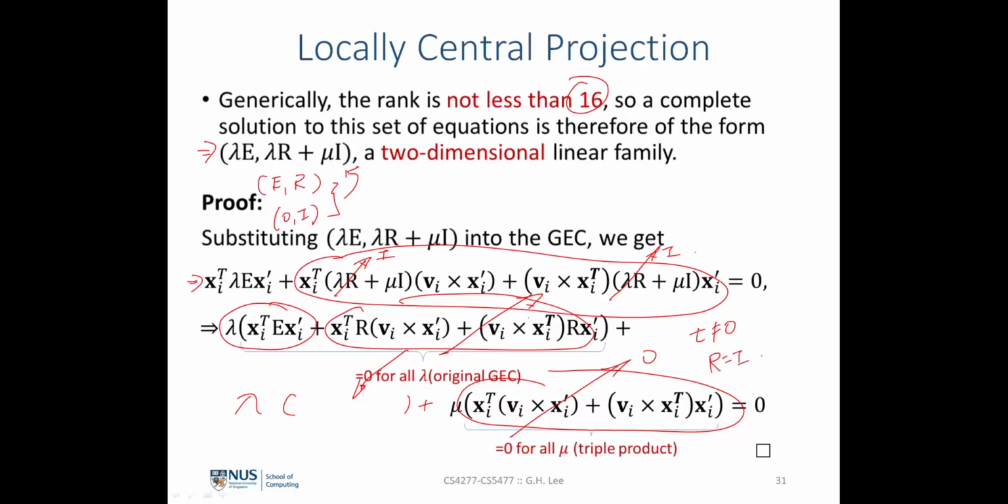And we can also see that under this circumstance the generalized epipolar geometry actually degenerates to the epipolar geometry of the normal pinhole camera, because only this particular term remains, since these two terms are going to vanish because of the triple product symmetry.